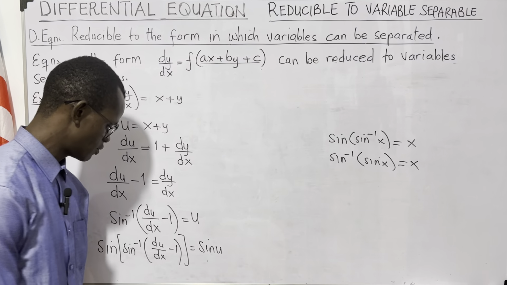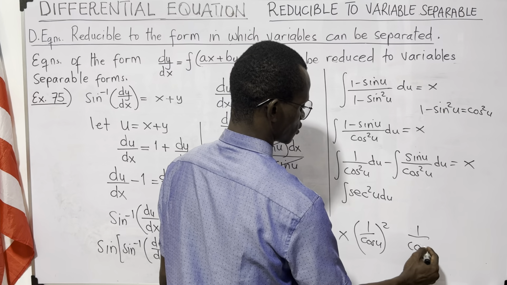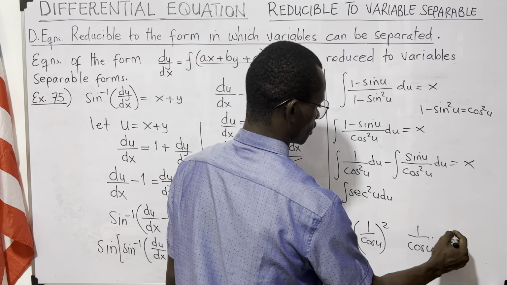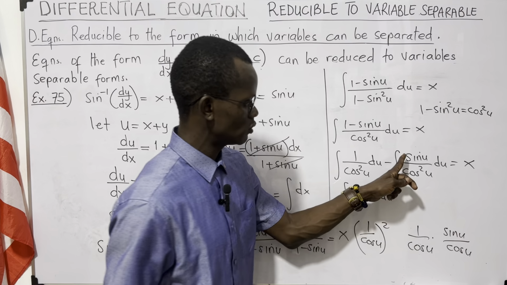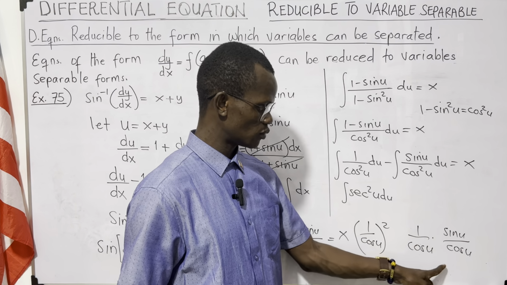So if you square it, it gives you 1 over cos square u, which is secant square u. So this gives us secant square u du. Next one, 1 over cos of u times sine of u over cos of u gives you sine of u over cos square u, right?